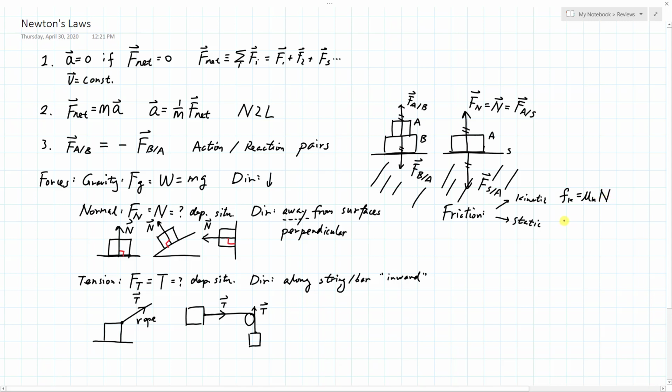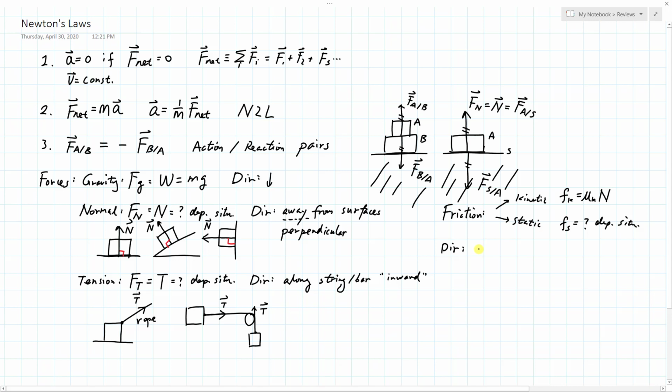And when it is static, we'll use Fs. The magnitude is unknown. It depends on the situation. And the direction, this is basically either kinetic or static. The friction tries to reduce the relative motion between the two surfaces, or just keep the relative motion from ever happening in the case of static.